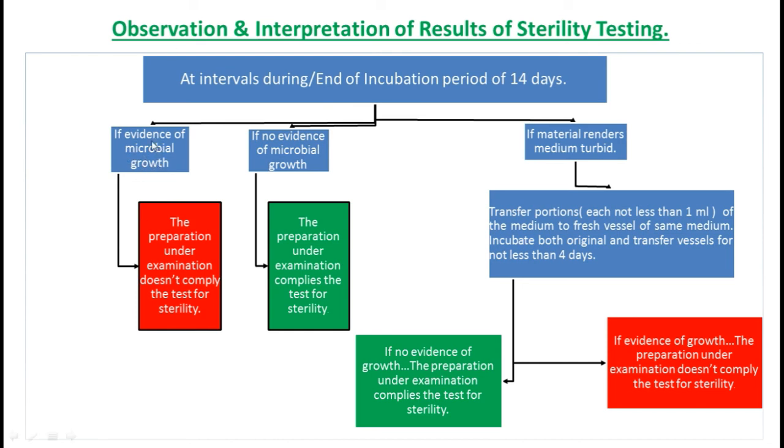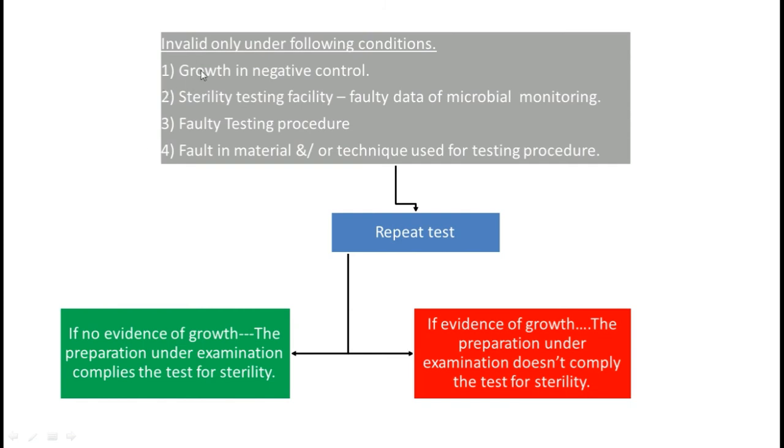Well, the evidence of microbial growth is also possible because of the invalidity of the test, and the result of sterility testing is considered invalid only under certain conditions, like when growth is observed in the negative control, or when the microbial monitoring data of the sterility testing facility indicates a fault.